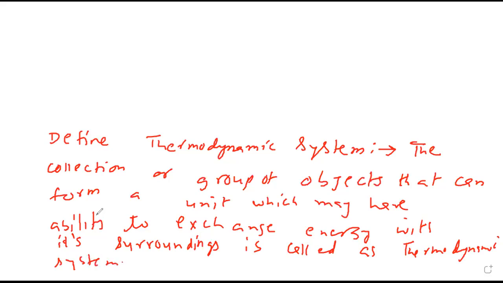So they can ask in the exam, what is a thermodynamic system? It is a collection or group of objects that forms a unit which may have the ability to exchange energy with surroundings, is called a thermodynamic system.